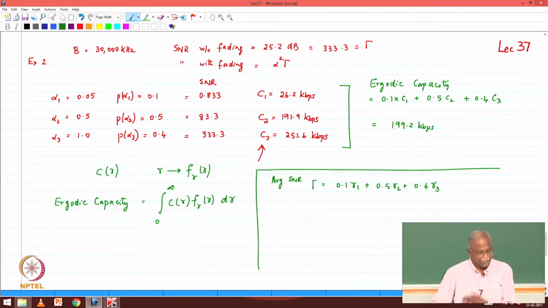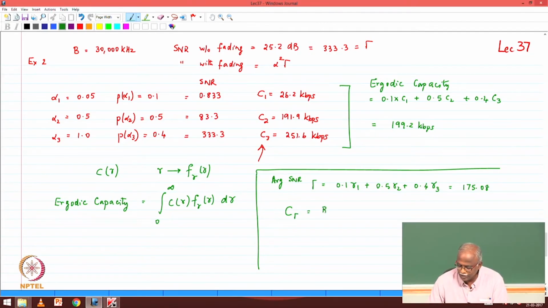That's the average SNR in this channel. This comes out to be 175.08. Very interesting question. What would have been the capacity for this particular average SNR, C subscript gamma?